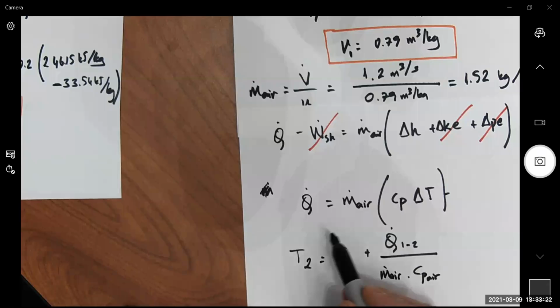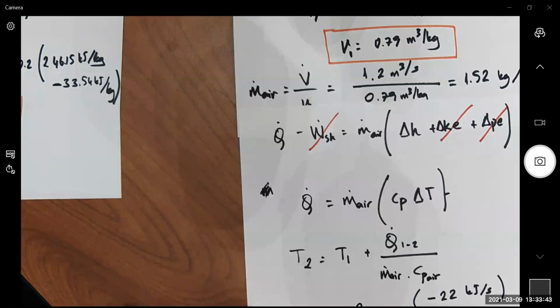Temperature inlet of the hot stream is given as 30 Celsius, and Q is minus 22 kilojoules per second. Why is it minus? Because it's leaving. Careful with the sign conventions, always.